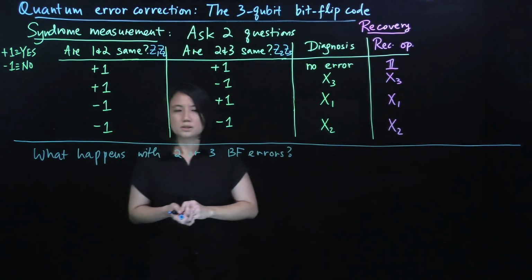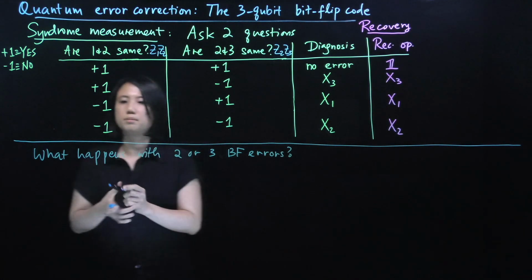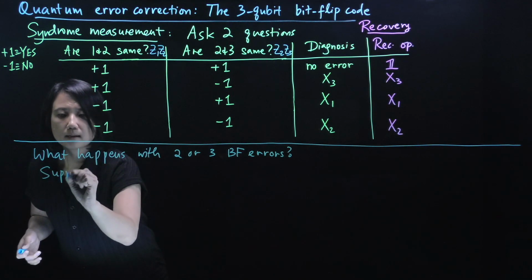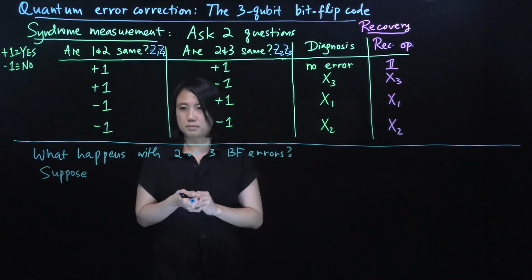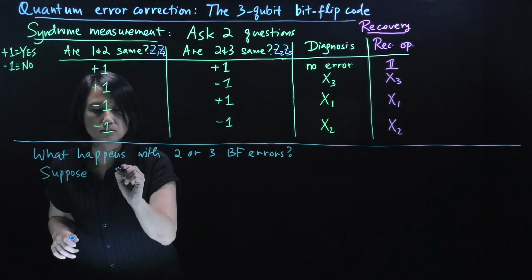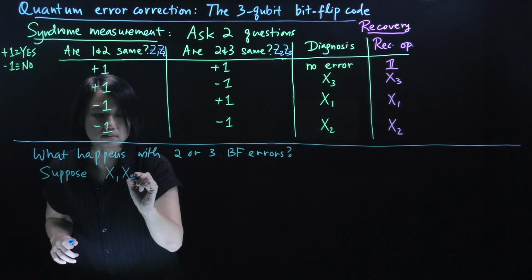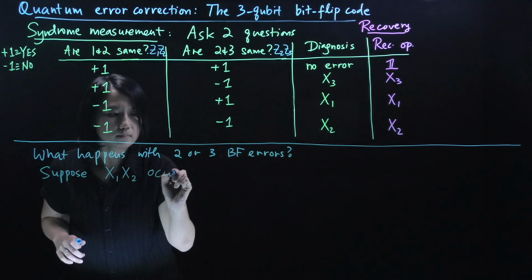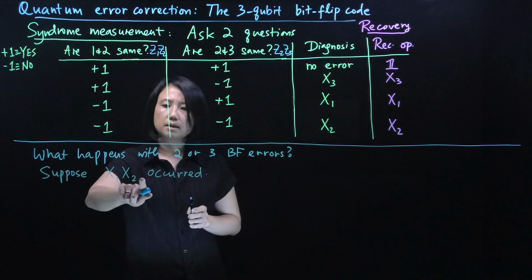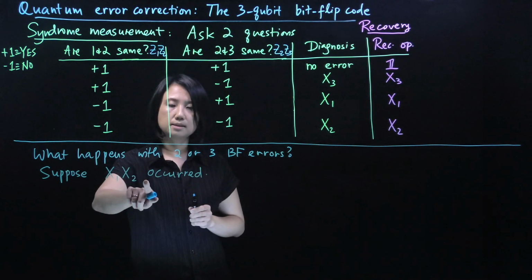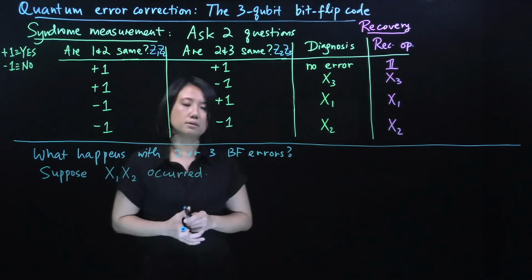It's easier to explain this by looking at a particular situation. Suppose that 2 of my qubits suffer bit flip errors, and the particular 2 bit flip errors that occurred are x1, x2. This just means that qubit 3 is okay, it didn't suffer a bit flip, but the first qubit and the second qubit both had bit flip errors.